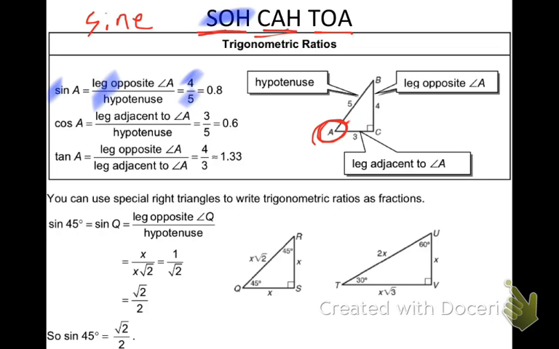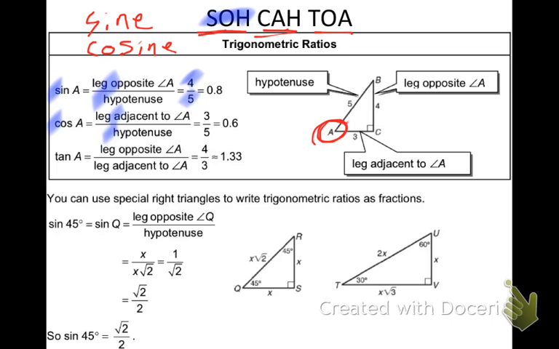Next, we have cosine. Cos stands for cosine. Cosine is the adjacent over the hypotenuse. When we think of the word adjacent, we think of the thing that is right next to. Back when we talked about parallel lines, we talked about adjacent angles, angles that were next to each other.